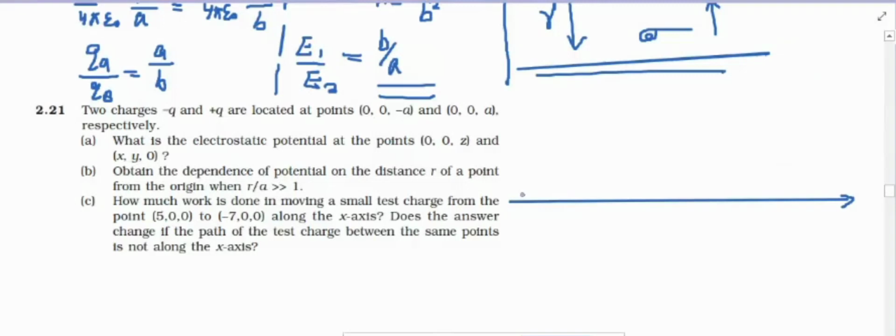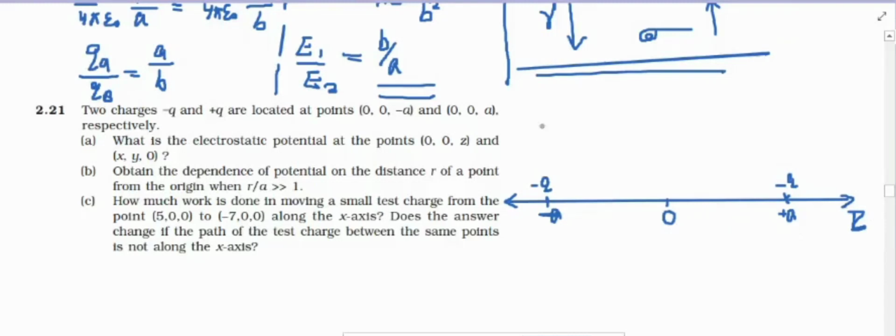Suppose this is the Z axis, and we have a point at 0, 0, minus A, where the charge minus Q is placed, and here a point at plus A, where the charge plus Q is placed.